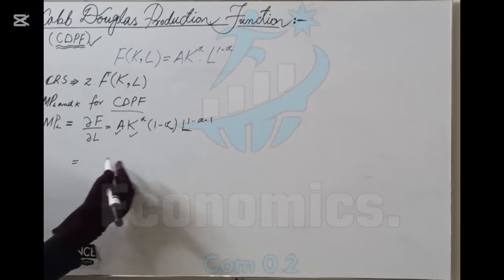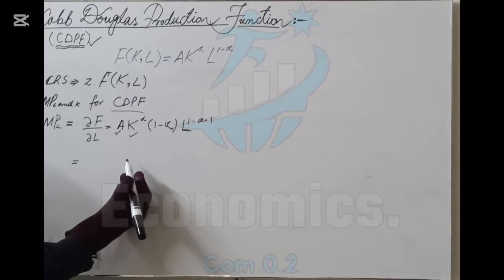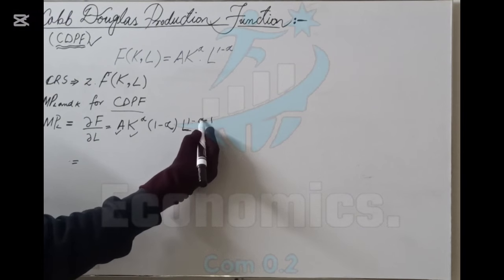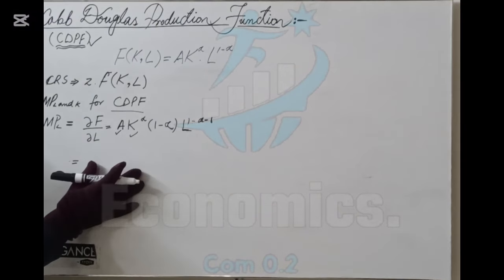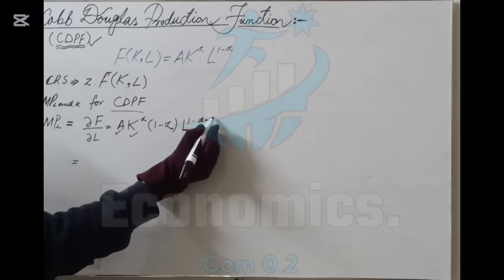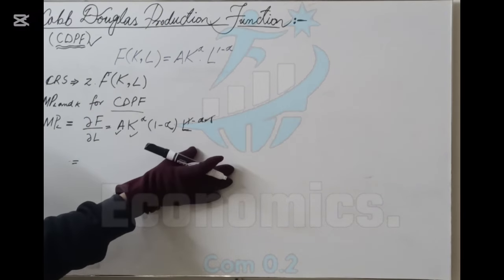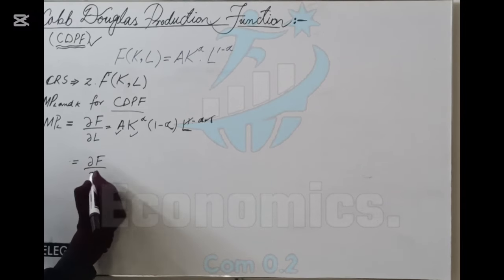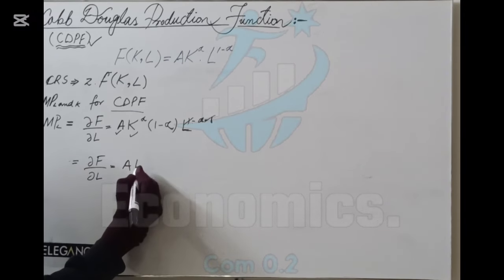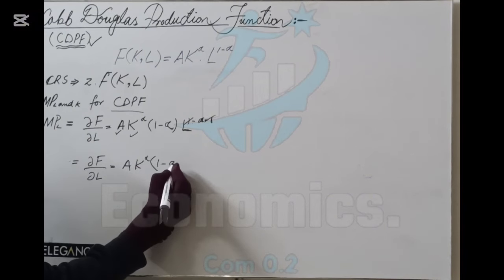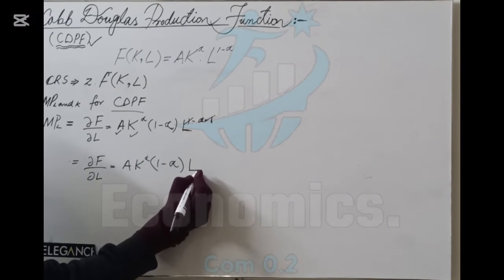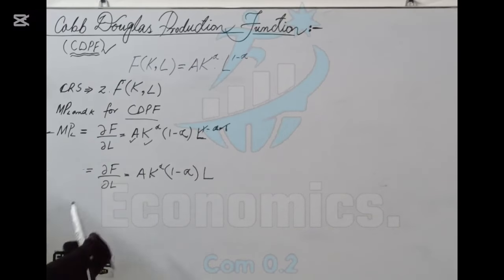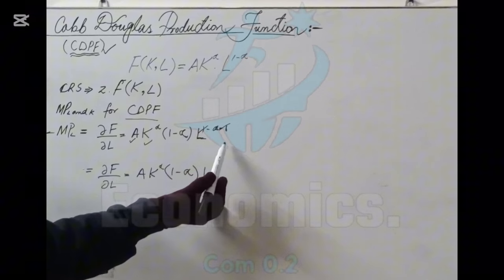The exponent 1 minus alpha comes down and we subtract 1 from the exponent: L to the 1 minus alpha minus 1. Simplifying, minus 1 plus 1 cancels out, leaving L to the power of minus alpha.